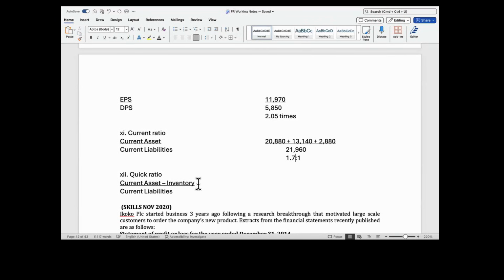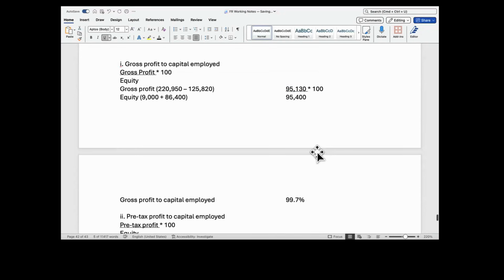So my current assets, they didn't give us, but I know which of these is inventory.